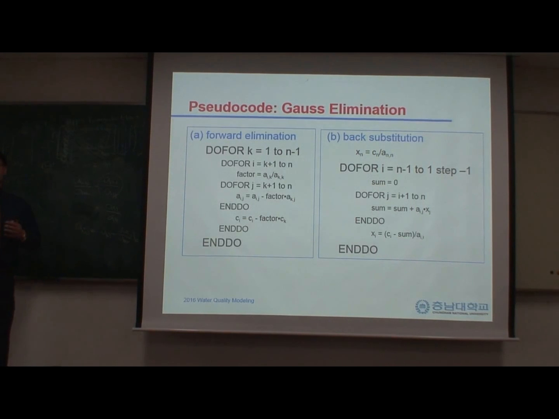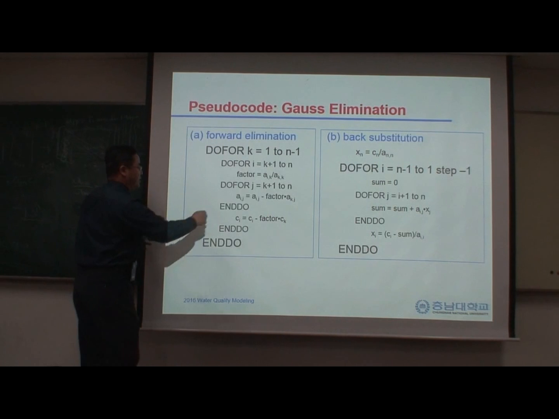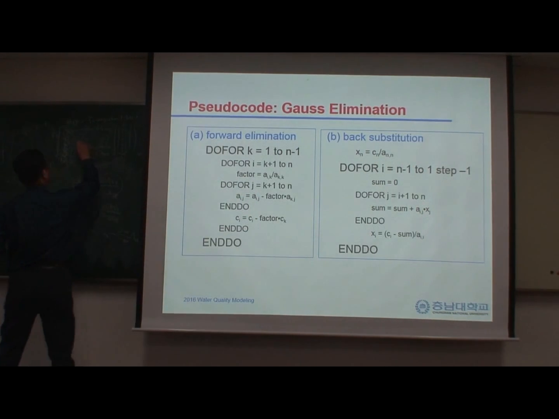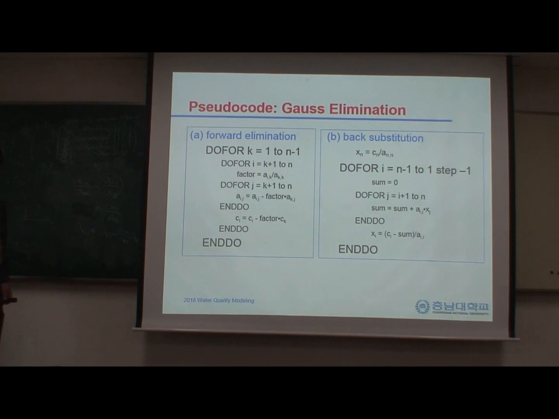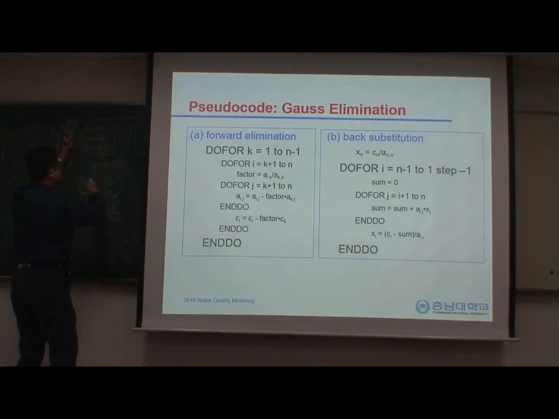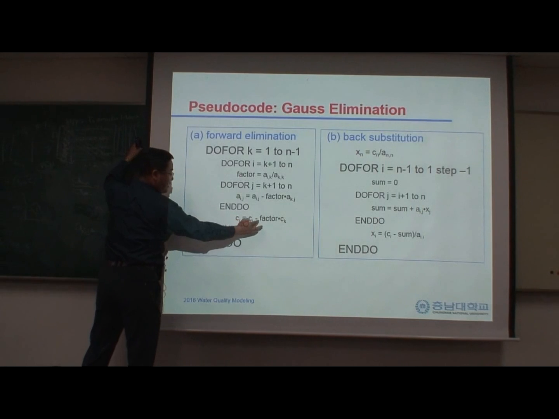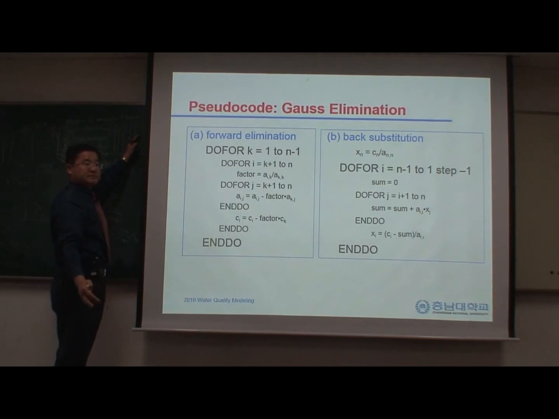It's a little bit difficult to explain with words, but if you follow line by line, what it did was change every value in here. Every value. From row 2 and column n, you have to change it. And then you have to change your right hand side factor as well.